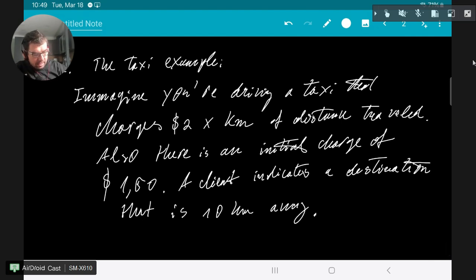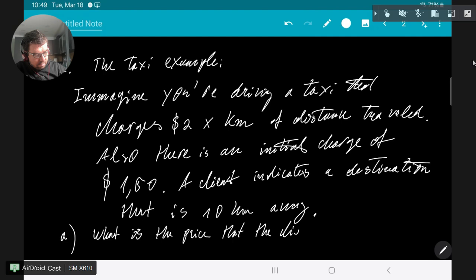So let's indicate what we need to find here. First, what is the price that the client needs to pay for the trip.